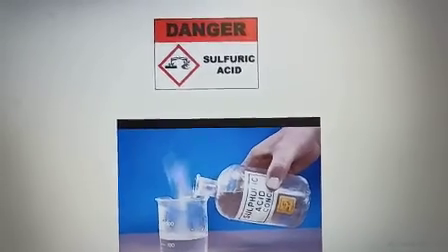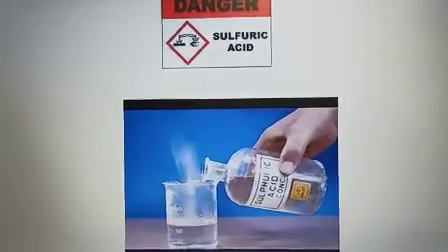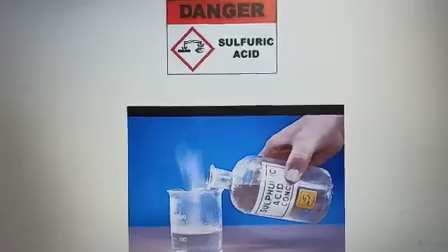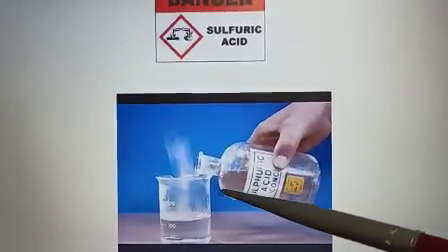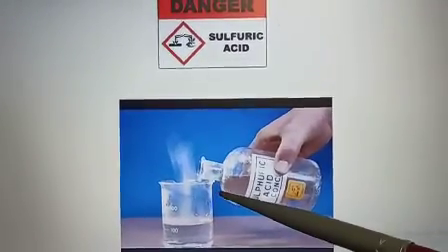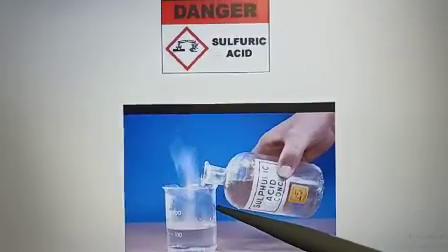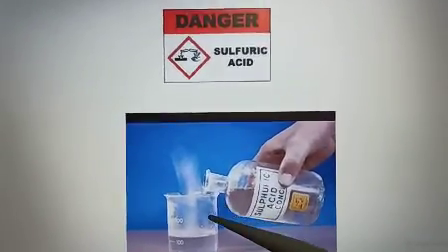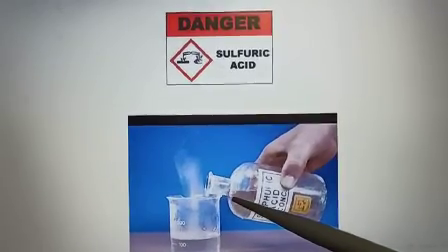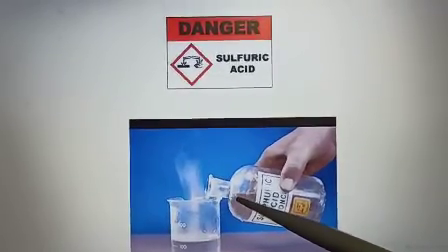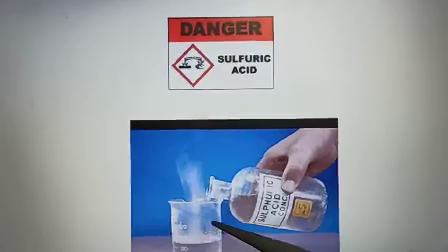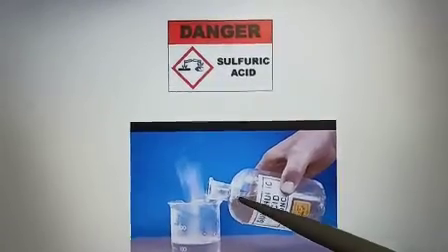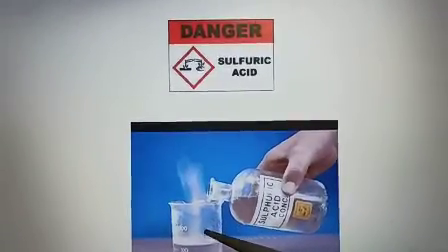Reason? Because the reaction is highly exothermic. Exothermic reaction means it releases a lot of heat. That is why this precaution has to be taken: the acid has to be mixed in water rather than water in acid.